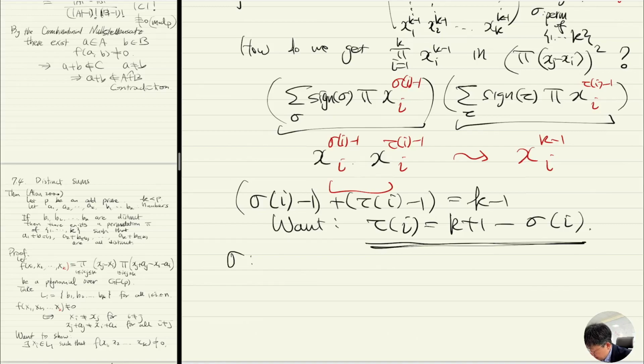So that means tau is the reverse of sigma. If sigma is a certain permutation, tau is exactly the opposite.